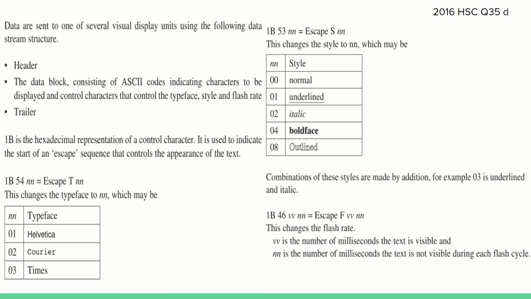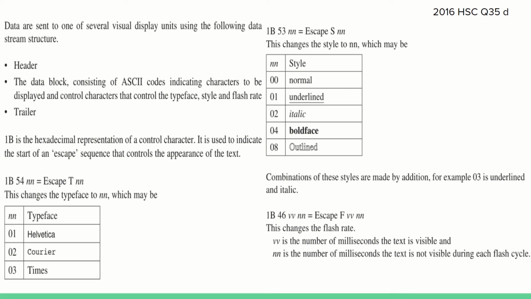Now, here, where it says the combinations can be made by addition. So for example, if you want underlined italic, you go underline, which is 01, plus 02 for italic. So it's telling you that you can make combinations of those.